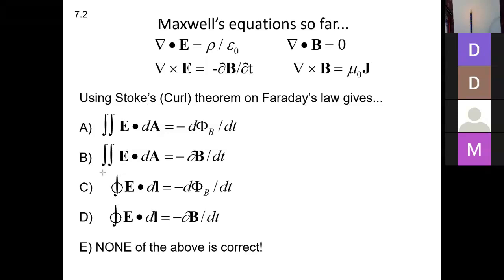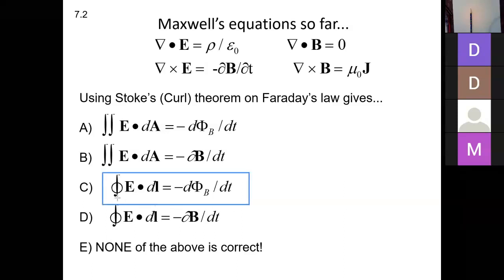Okay, so I think the answer is this one, right? Because what we're doing with Faraday's law is we're calculating a voltage, the closed line integral around a loop, and if you do the electric field of that, that gives you a voltage, and that's equal to the rate of change of the magnetic flux.